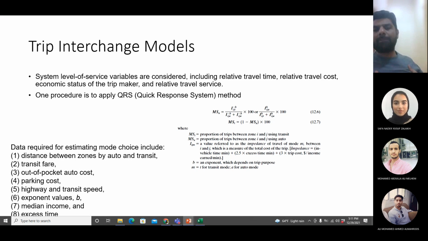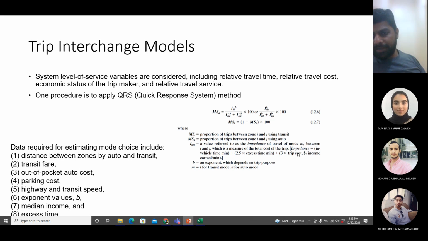For example, if you apply this to Bahrain, if I have to walk, let's say, 2 kilometers to reach the bus stop, the access time will be higher, so impedance for bus will become higher. Obviously the bus is slower and the car is faster, so the in-vehicle time factor will be higher for the bus as well. The fare which I pay for the bus trip is, let's say, 500 fils, and I can take the same trip using a car, and the fuel will only cost me 200 fils.